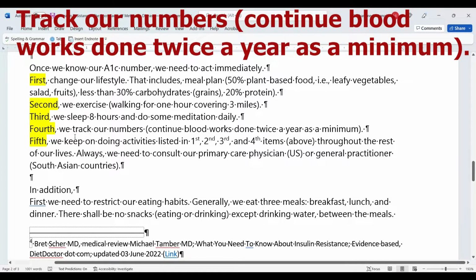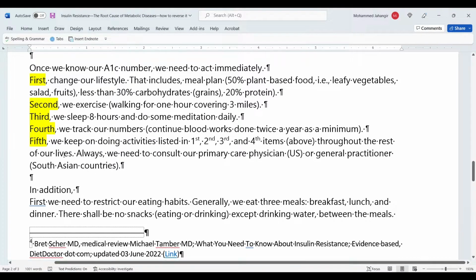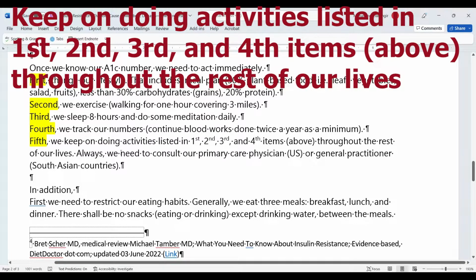Fourth, we track our numbers, continuing blood work done twice a year as a minimum. Fifth, we keep on doing the activities listed in the first, second, third, and fourth items above throughout the rest of our lives.